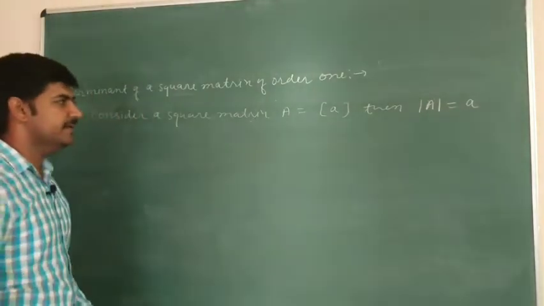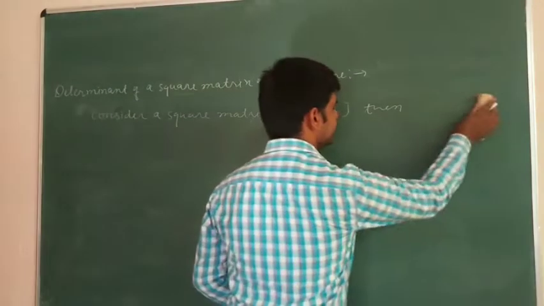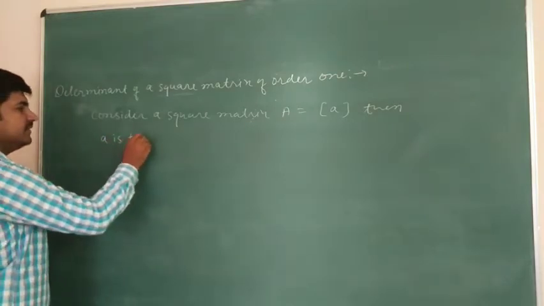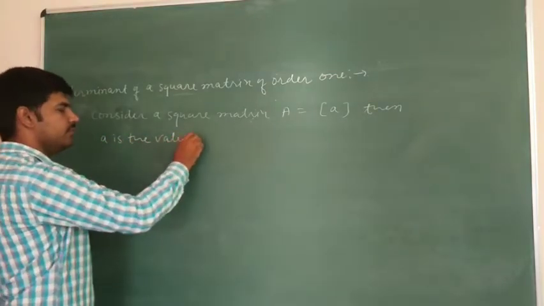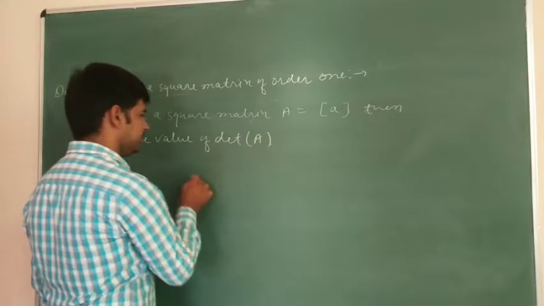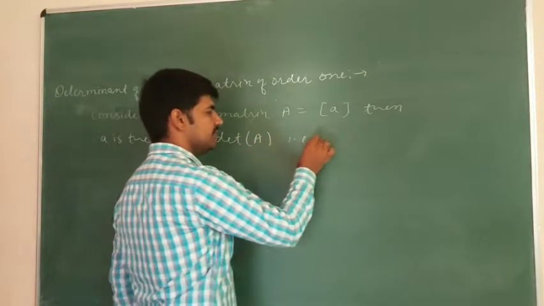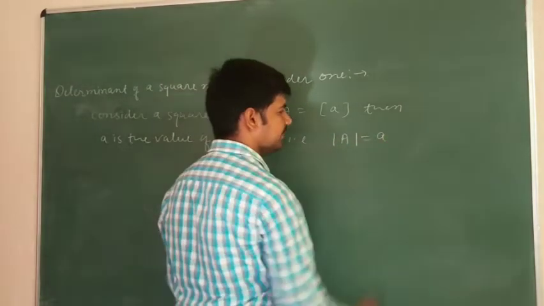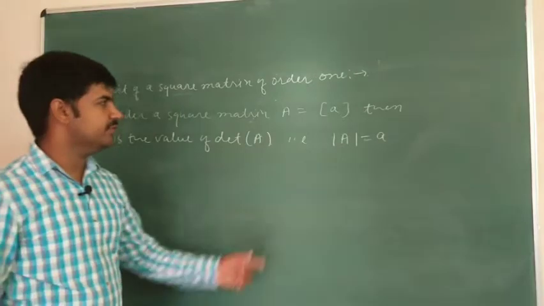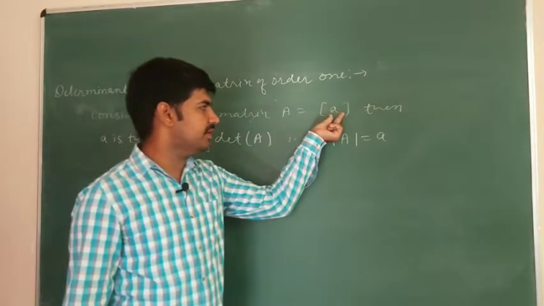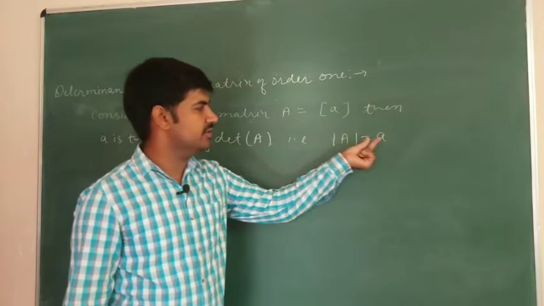That is, a is the value of the determinant of A. So if there is a square matrix of order 1, students, the value of the determinant is equal to that number in that particular square matrix of order 1.